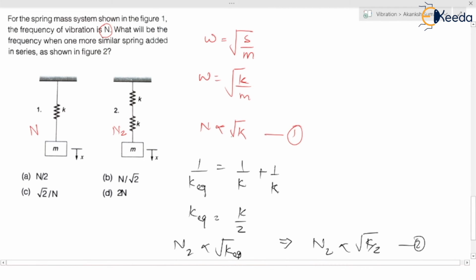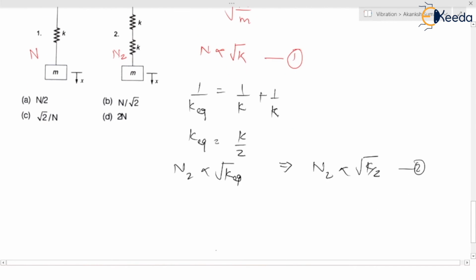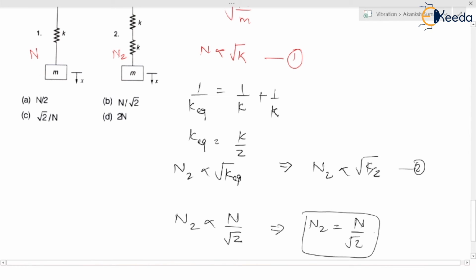So we just have to put under root of k here. Under root of k is nothing but n, so that means n2 is directly proportional to n upon root 2. Okay, so that would be the final answer. That means the n2 value is n by under root of 2. Okay, so this would be the answer for this question.